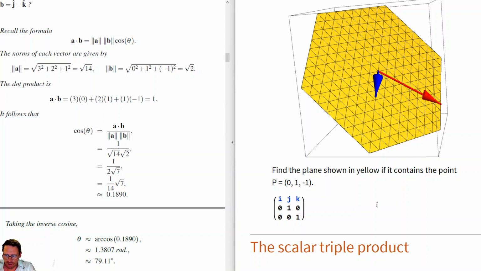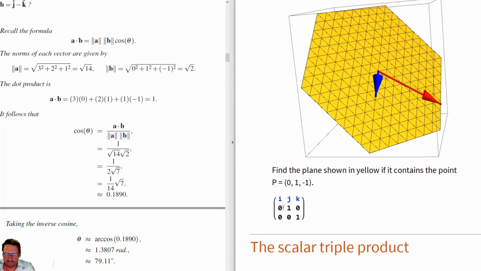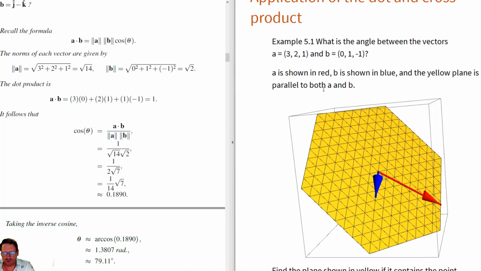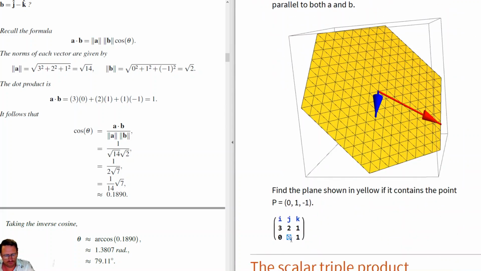In the second row, I want to put the vector A, so 3, 2, 1. And in the third row, I want to put the vector 0, 1, minus 1. Okay, and then I want to take the determinant of this because I'm calculating the cross product.